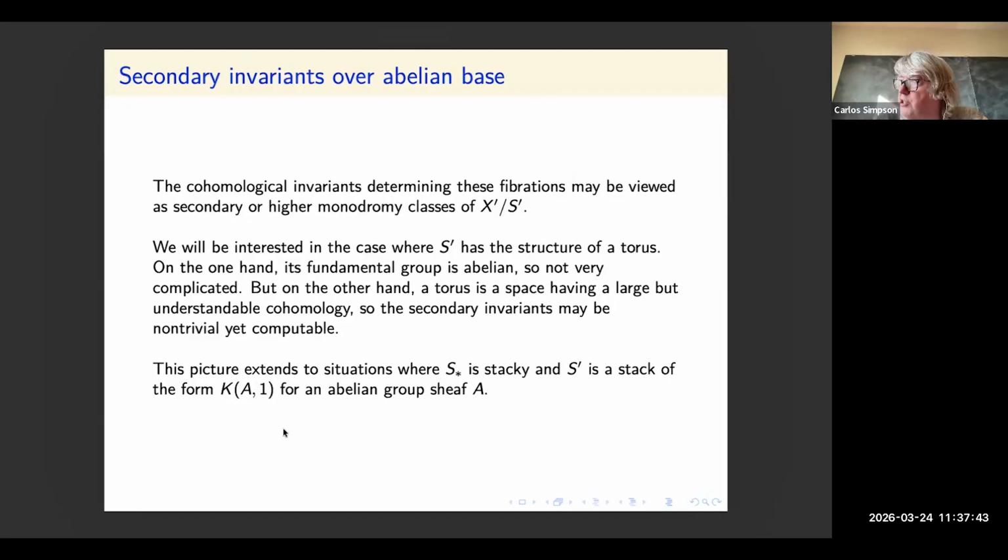If you have a fibration which is an Eilenberg-MacLane space, that's determined by a cohomology class of the base with coefficients, of degree k plus 2, one further than the degree of that Eilenberg-MacLane space. So the structure of each level of each fibration in the Postnikov tower is given by a cohomology class of the lower element of the Postnikov tower.